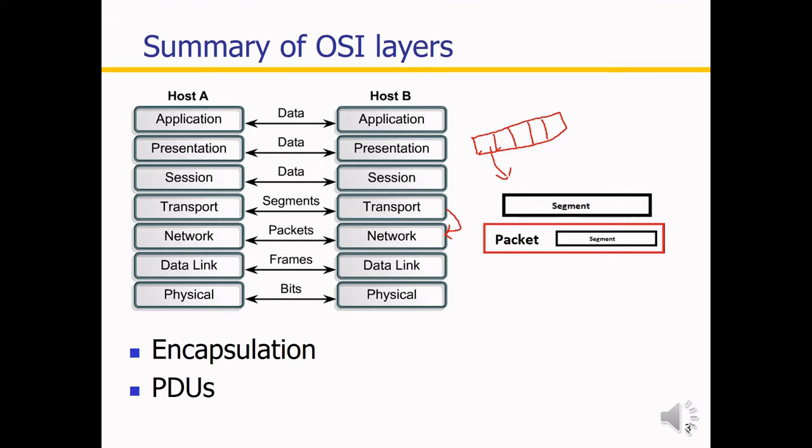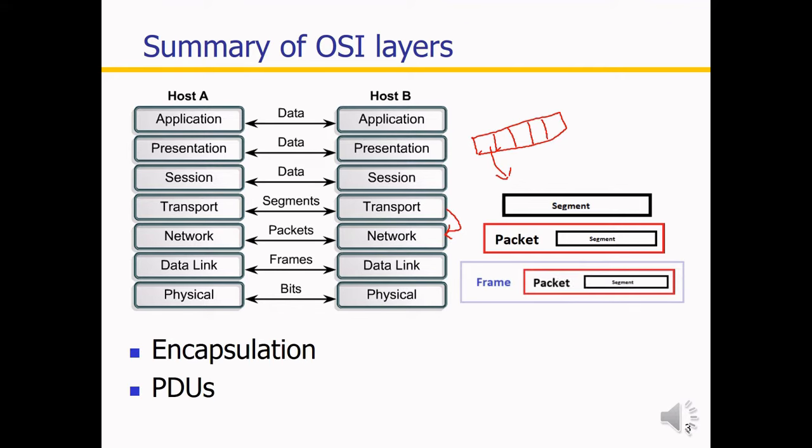One of the things that are added to the packet is an IP address, and I will be getting into IP address in just a minute. But for now, just know that a packet would have the port numbers that a segment has, and additionally it would have an IP address, and of course some other header information as well.